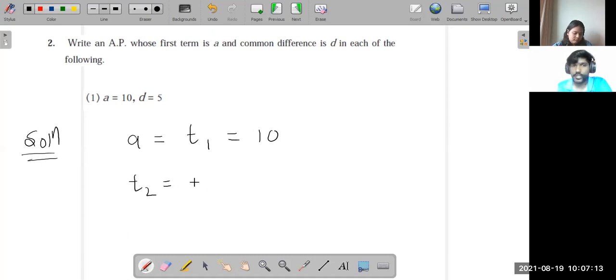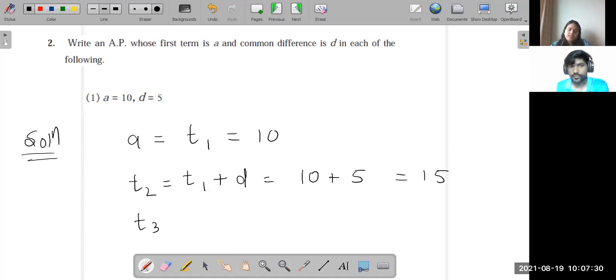So the second term T2 will be the previous term T1 plus the common difference D. So previous term is 10, common difference is 5, 10 plus 5, 15. Then now third term, T2 plus D, that is 15 plus 5, which is 20.